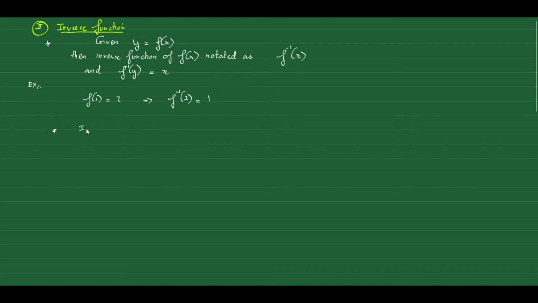If f is one-to-one, then g is the inverse function of f if f composed with g equals x and g composed with f equals x, the identity function.